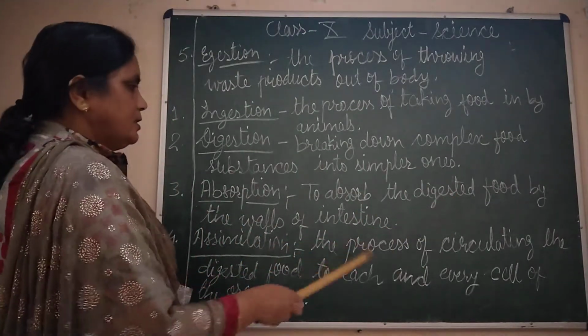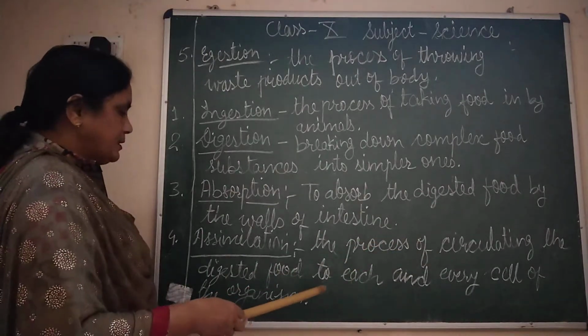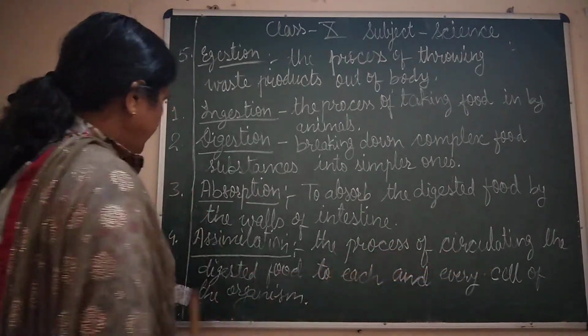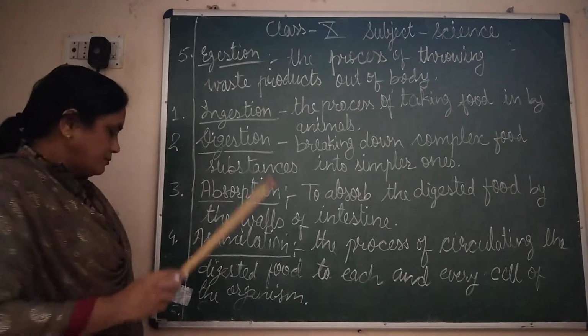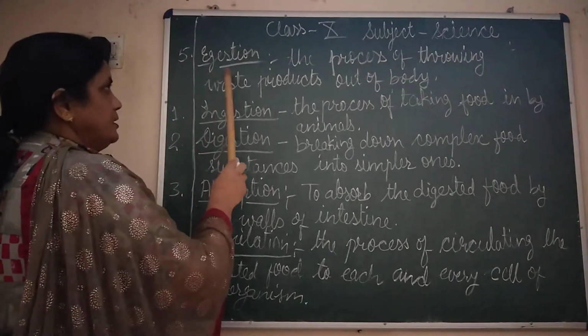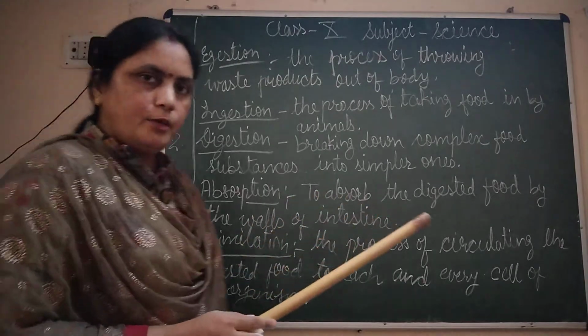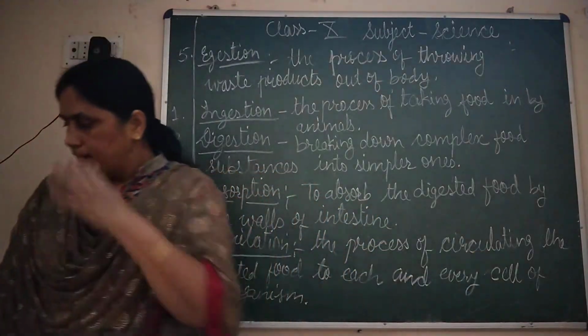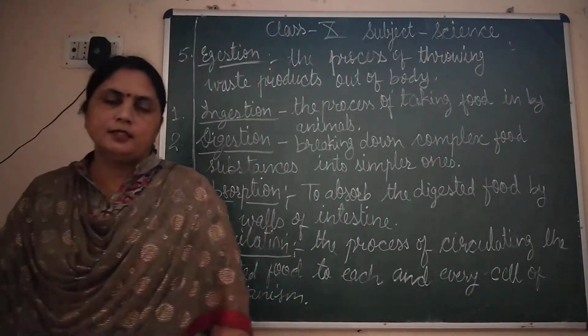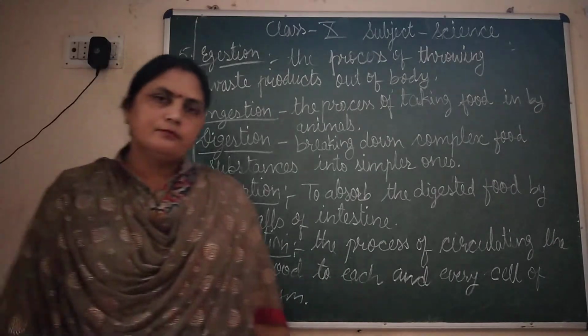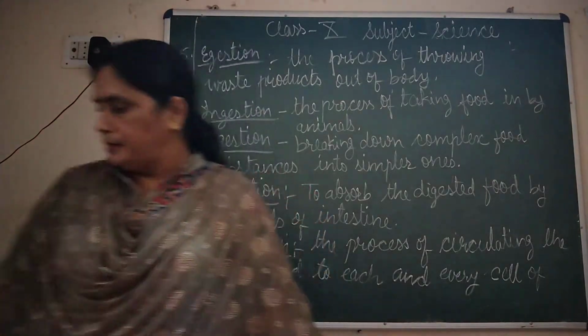And assimilation is the process of circulating the digested food to each and every cell of the organism. And the last one is egestion, the process of throwing waste products out of the body. Now children, we will discuss the process of digestion in various animals.